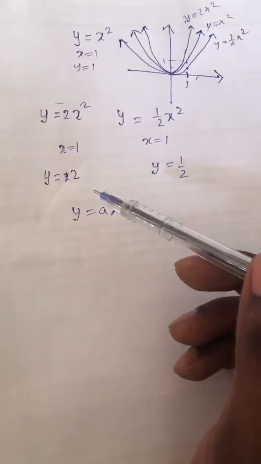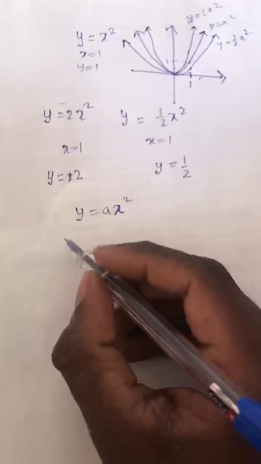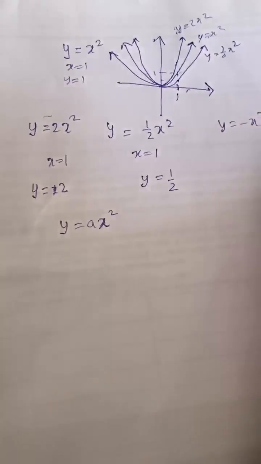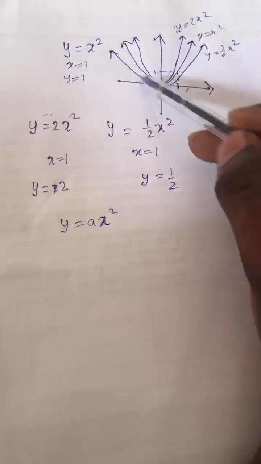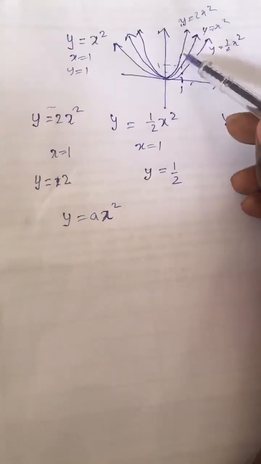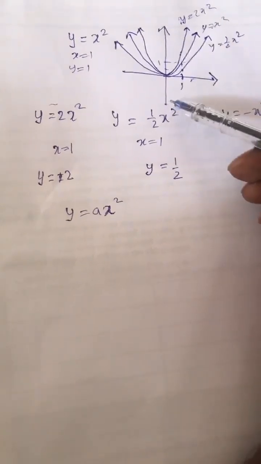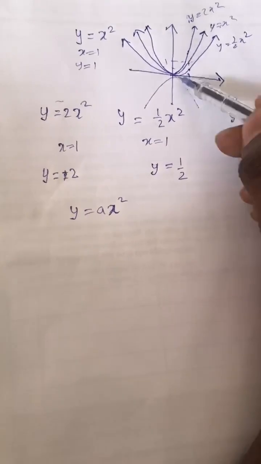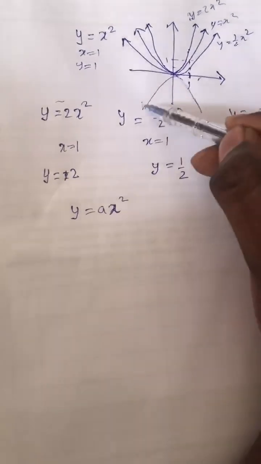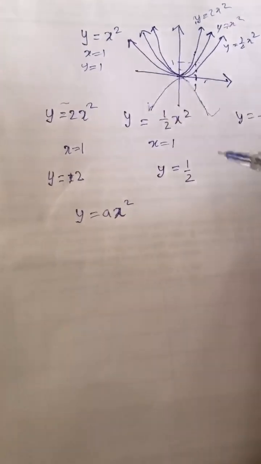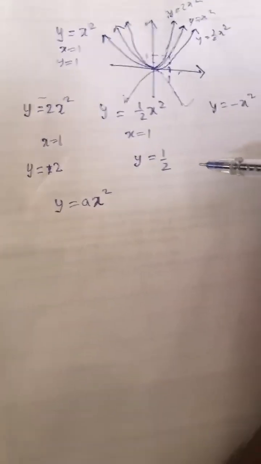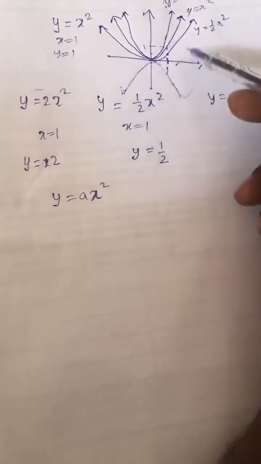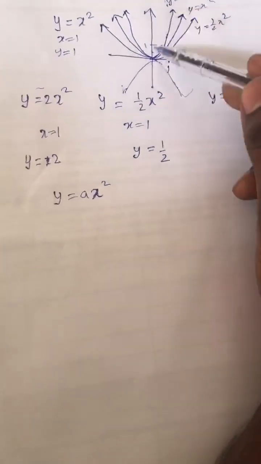Minus value, we are talking about y equals minus x squared. This means every value here for y will be negative. That means here like this. I'm not going to explain y equals minus 2x squared, y equals minus half x squared, because those are the same as this. Alright, an exact mirror image of this.